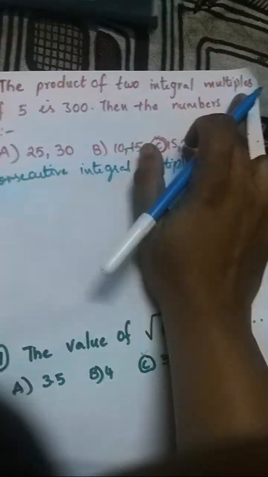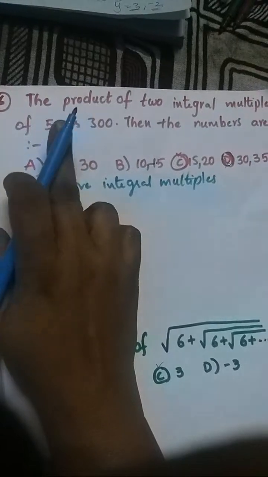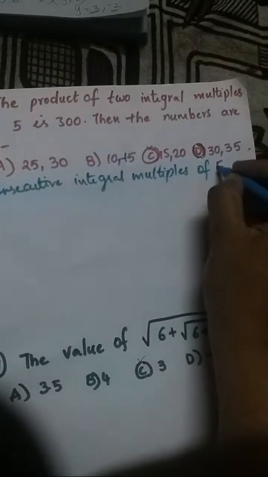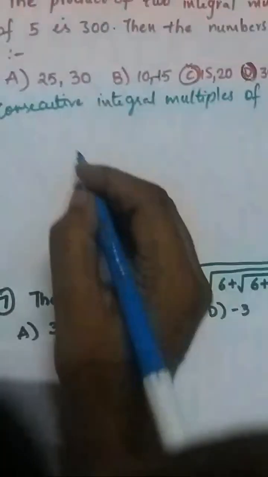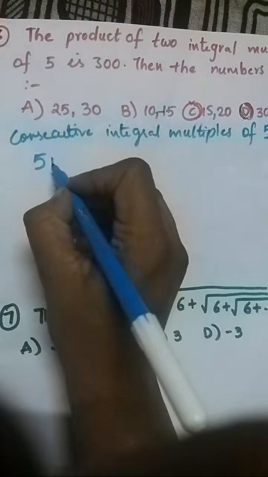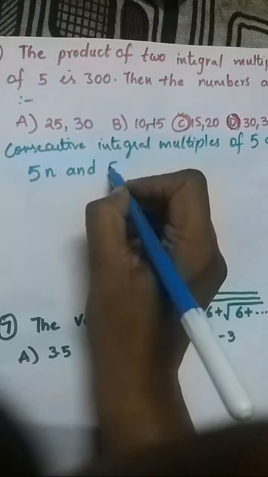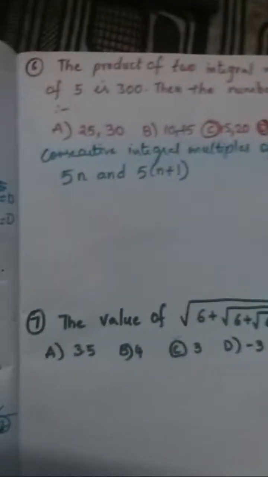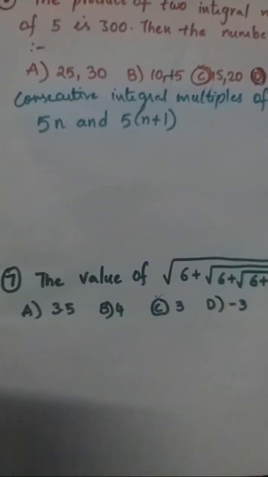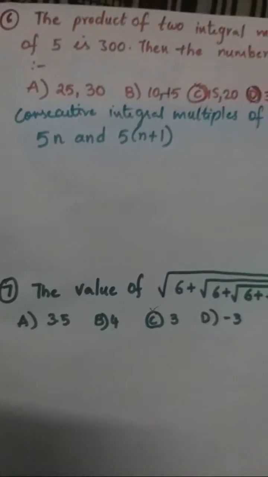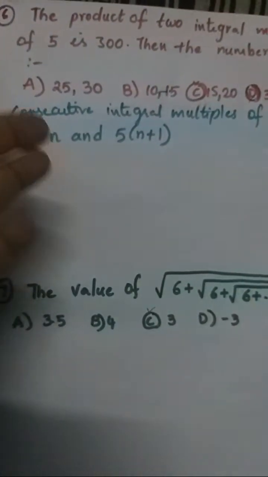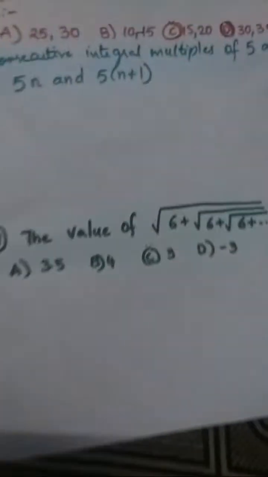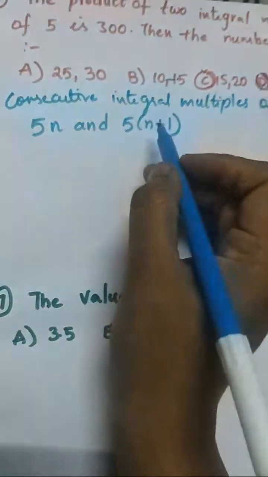Product of two integral multiples of 5 means we take consecutive multiples of 5, that is 5n and 5 into n plus 1. These are the consecutive multiples of 5. If 3 is given, we take 3n and 3 into n plus 1. Now we have two multiples.